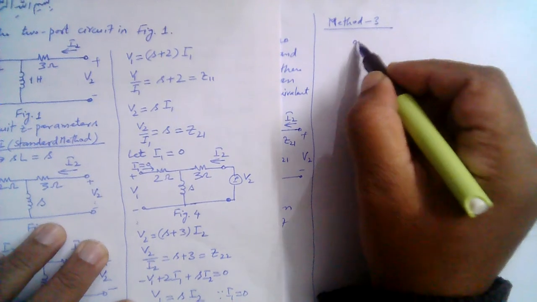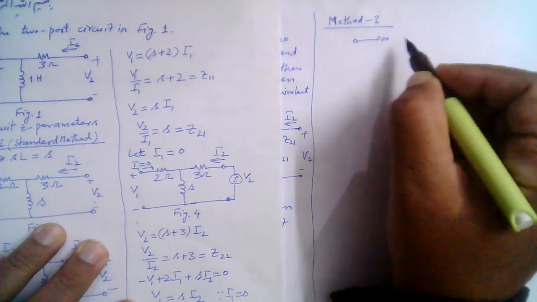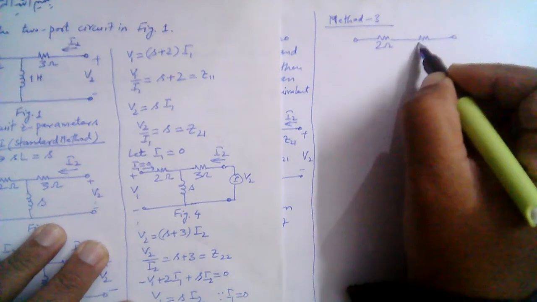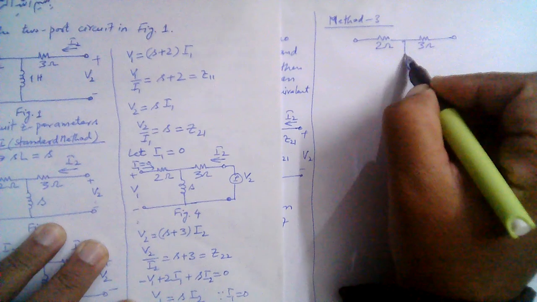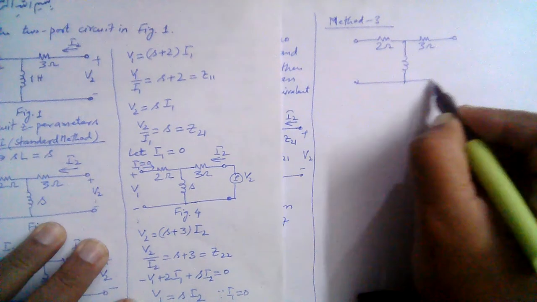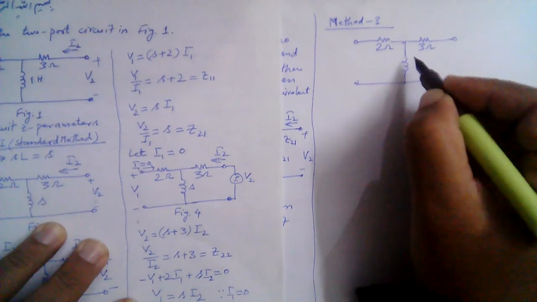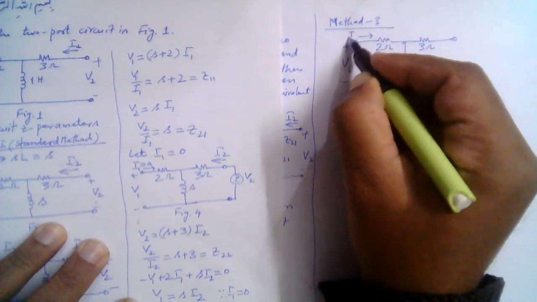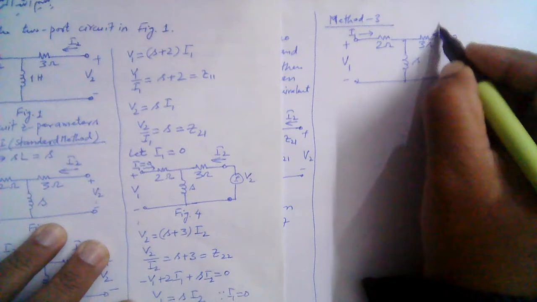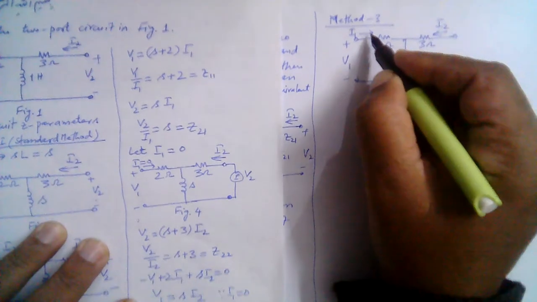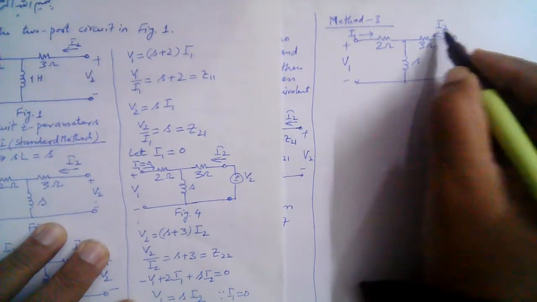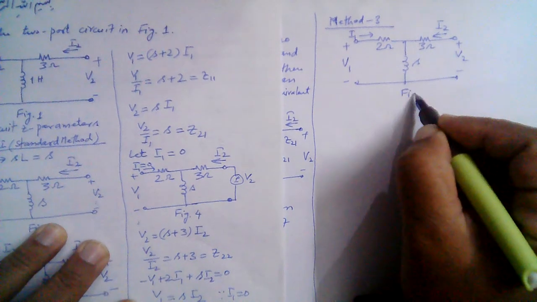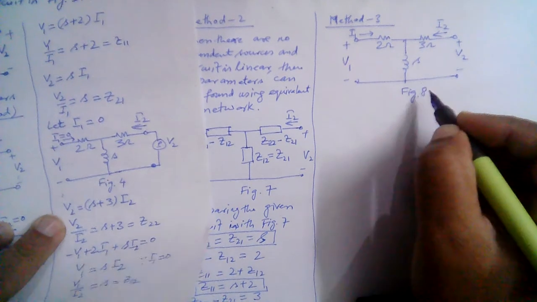This is 2 ohm, this is 2 ohm, this is 3 ohm, and this is inductor S in the frequency domain. This is V1, this current is I1, the current here is I2. Note the direction of the currents: I1 in this way, I2 in this direction, and this is voltage V2. Let me call this fig 8.